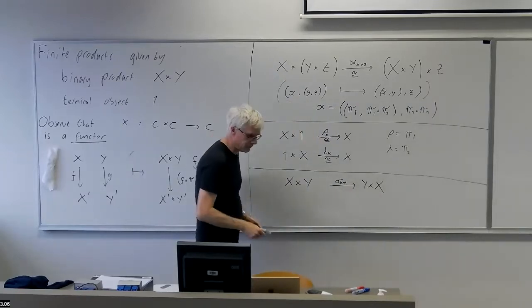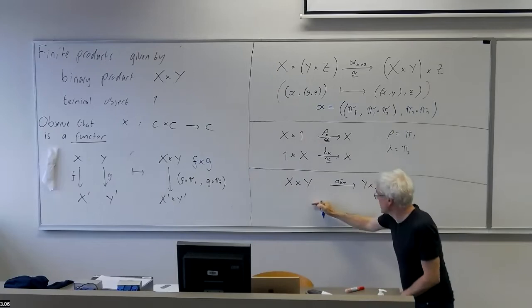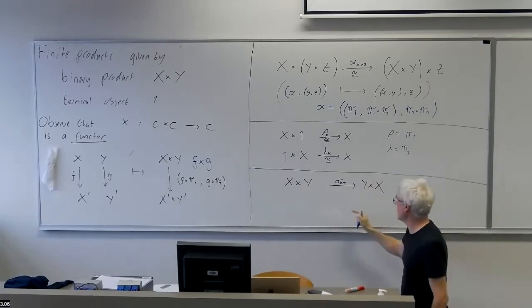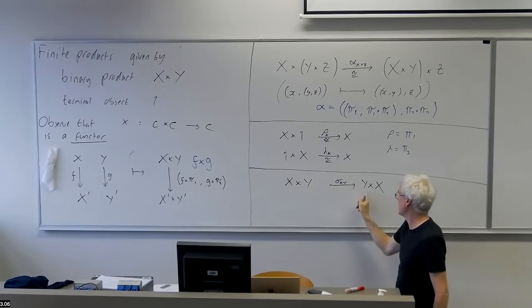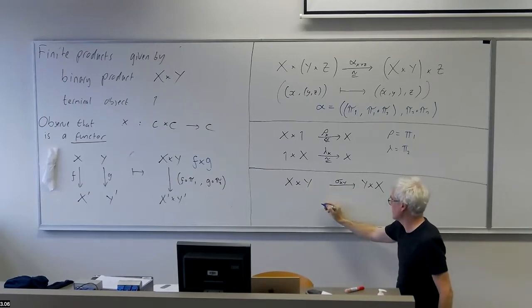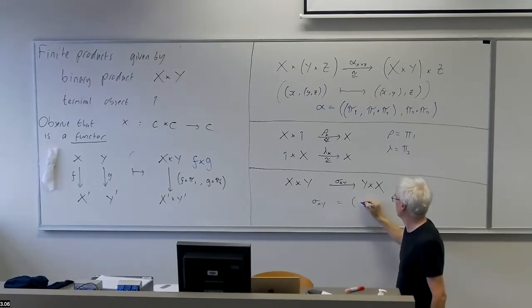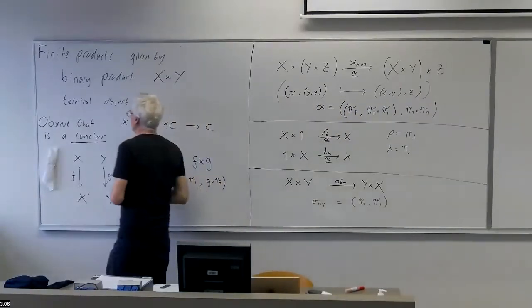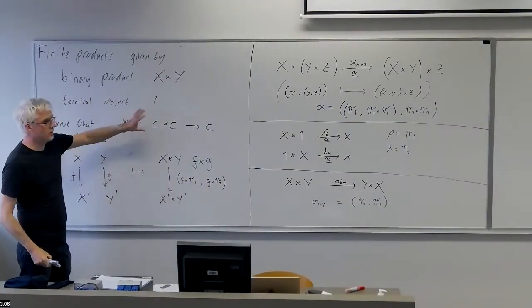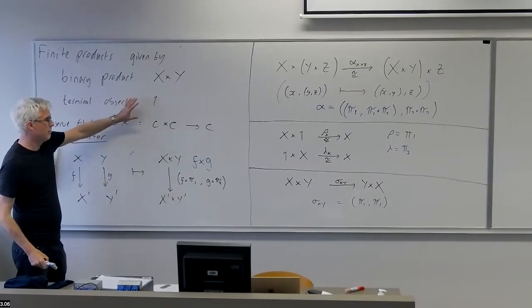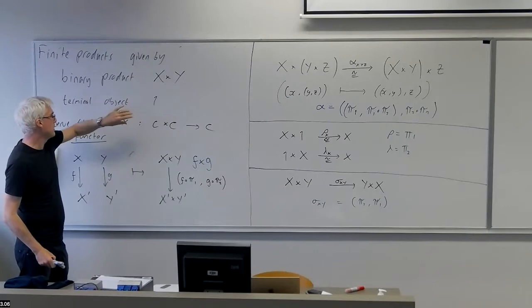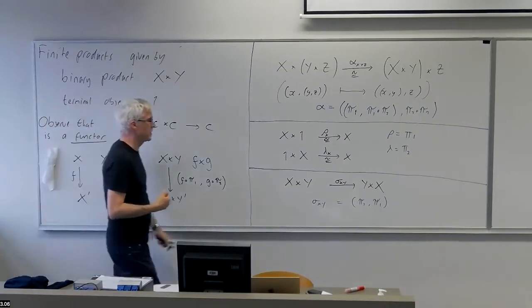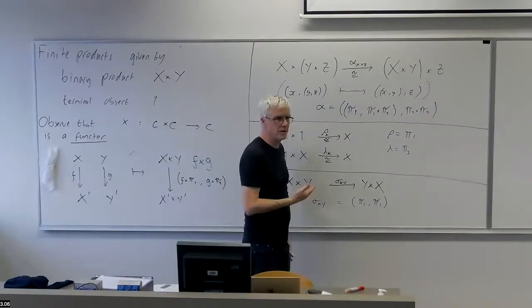We want to define a map into y times x. The first map is the second projection, and the second map is the first projection, so sigma xy is (I2, I1). And this data altogether says that binary products, finite products, form a kind of multiplication operation on a category.